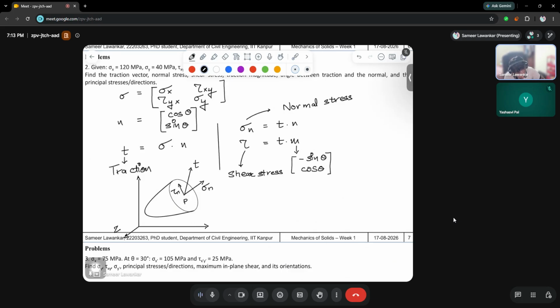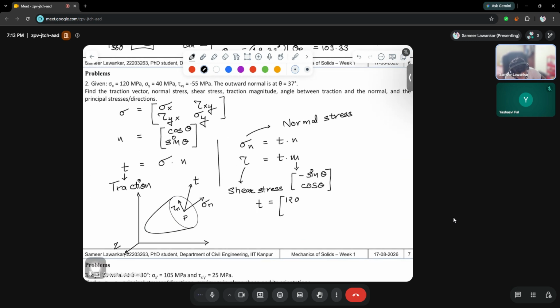Here I will just give the values. When you input it, T is the tensor with 120, minus 55, and 40. Then n is cos theta, sin theta, so for now I'll write cos of 37 degrees and sin of 37 degrees.